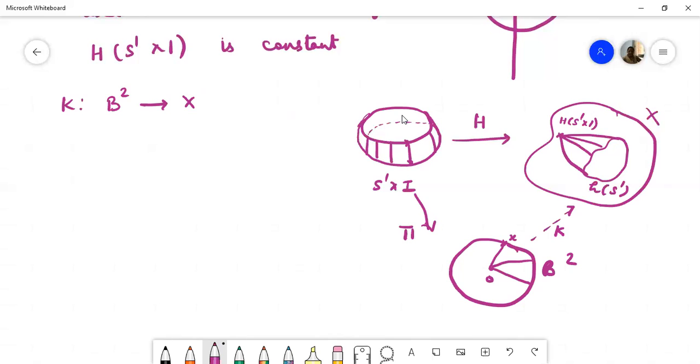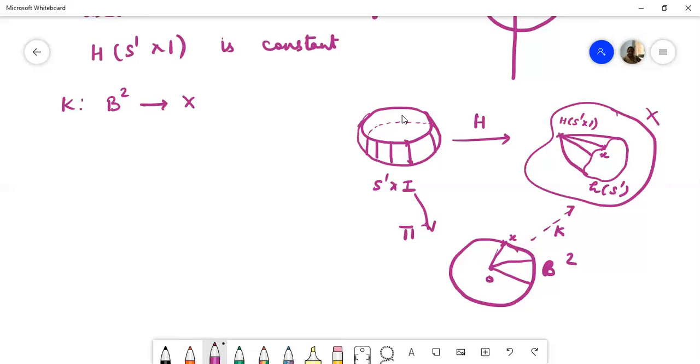So we will define the mapping K from B2 to X by this. For this x, we have somewhere x here on S1. So for this x, we will map x to x and 0 to this point, H of S1 cross 1, and the line joining x to 0 will be mapped to this line.